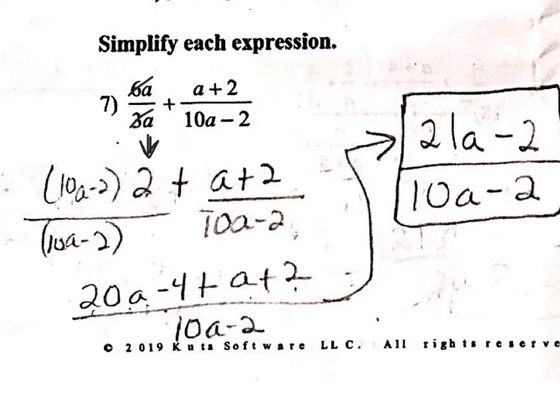Then I need to say, well, I know I have a 2 over 1, but my denominator's not the same. I have a denominator of 1 and a denominator of 10a minus 2. So I need to get a common denominator. To do that, you multiply the first fraction, which is 2 over 1 now since we simplified it, times 10a minus 2 over 10a minus 2.